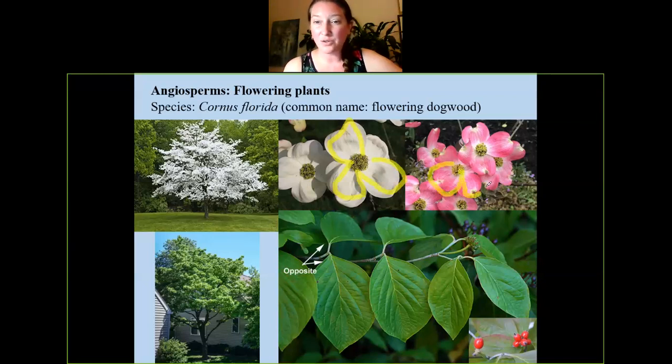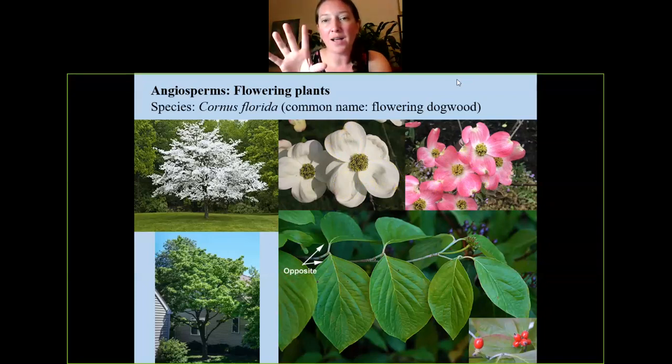But these are actually leaves, not petals, surrounding the flowers. This tree has evolved these showy leaves, or showy bracts, to make pollinators want to come there. But the little ball thing is actually the flower.